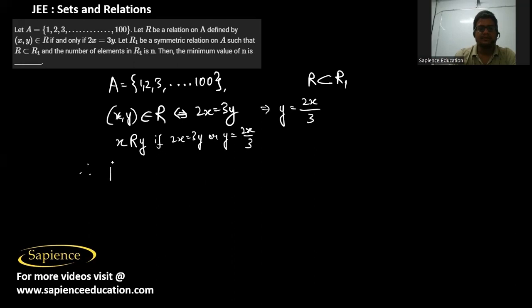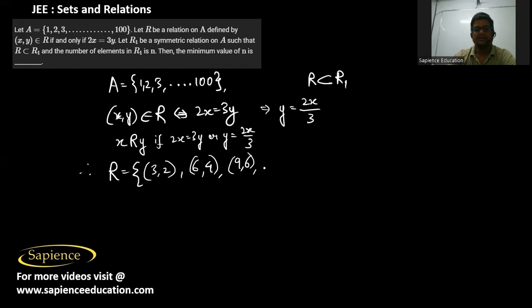So the set R contains the elements: it will be (3, 2), then it can be (6, 4), then it can be (9, 6), and so on.